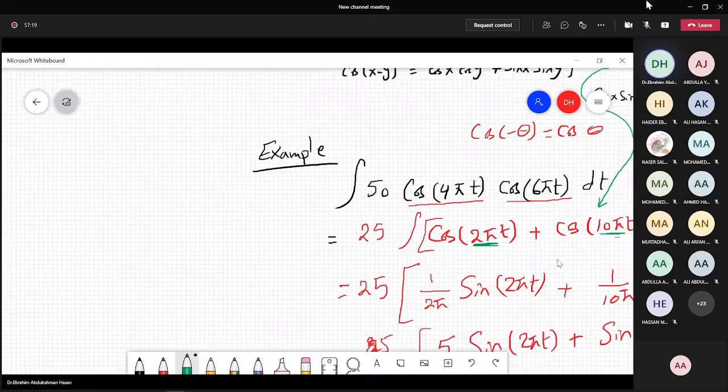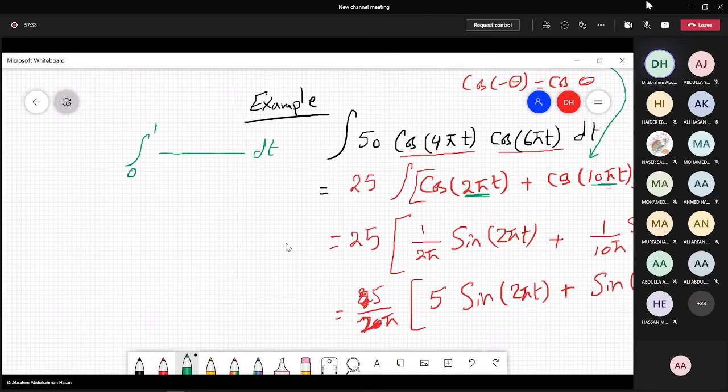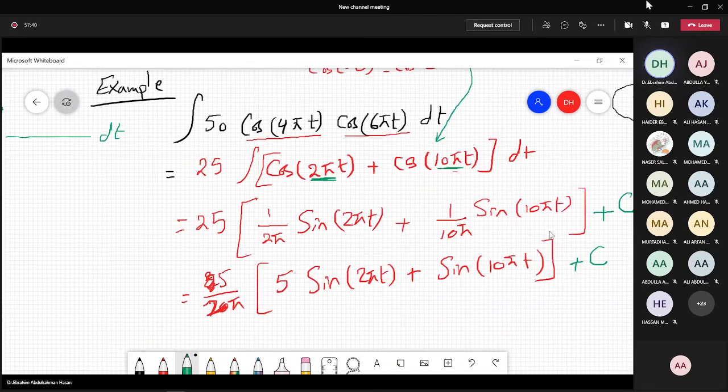Do you have anything? Okay. Try the same as this one, but put, for example, from 0 to 1, with respect to dt. Solve it again but from 0 to 1. All you need is to find the value at 1 and the value at 0.